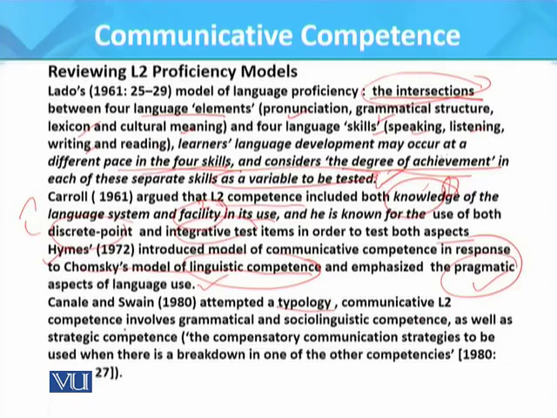Communicative second language competence involved grammatical and sociolinguistic competence as well as strategic competence, which is the compensatory communication strategies to be used when there is a breakdown in one of the other competencies. So here you see a typology with grammatical as well as pragmatic competence, and the third is strategic competence, which provides assistance where there is a breakdown in one of the other competencies.